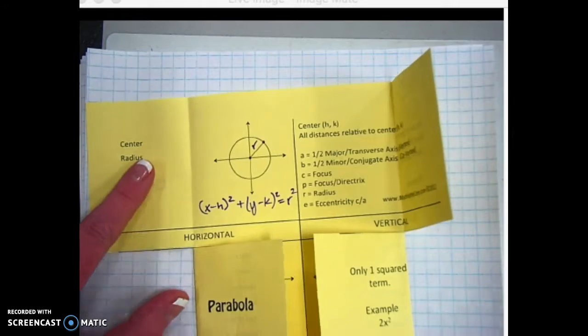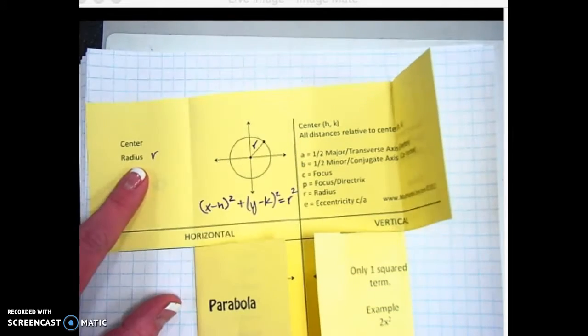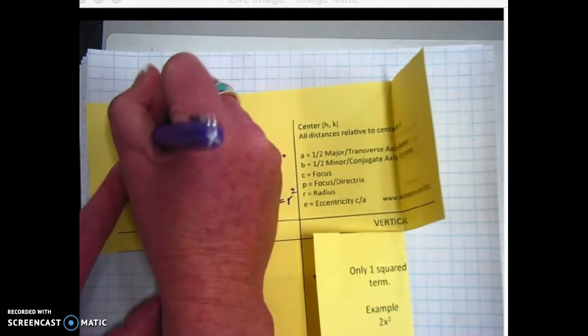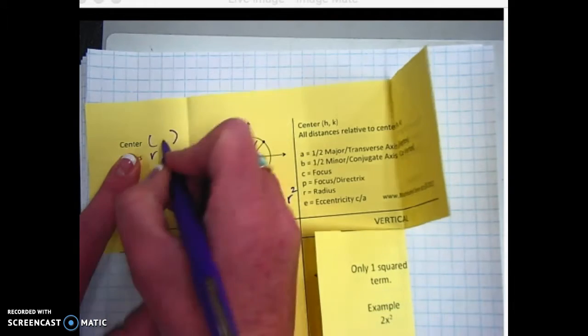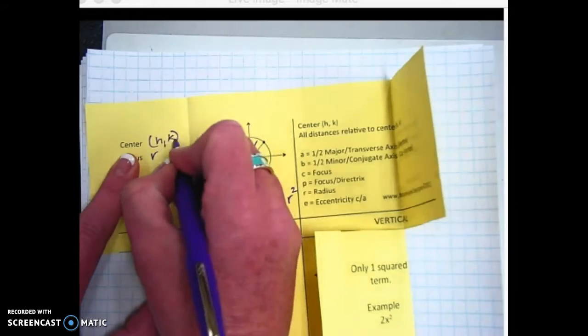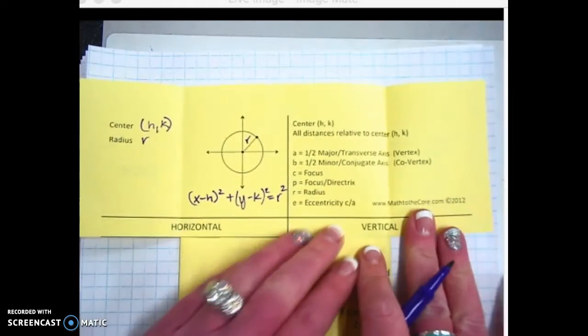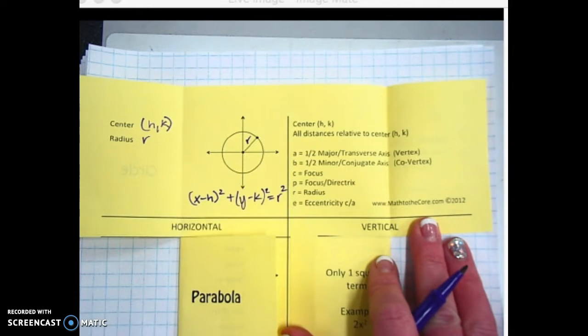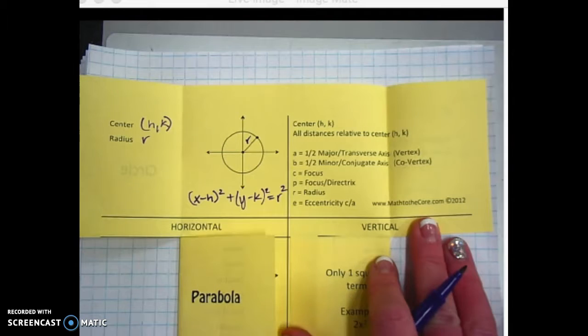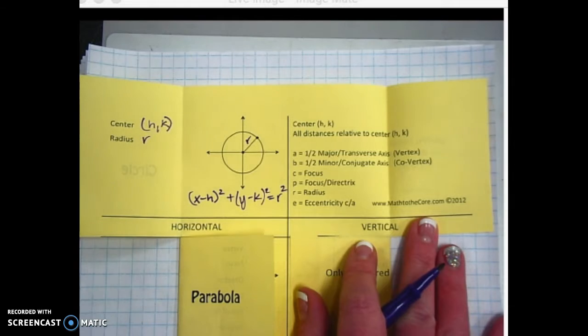And up here next to radius, we'll put another r. And where's your center going to be with that equation? HK. All right. This stuff on the right side of the flap is a little more than what we're learning in Algebra 2.